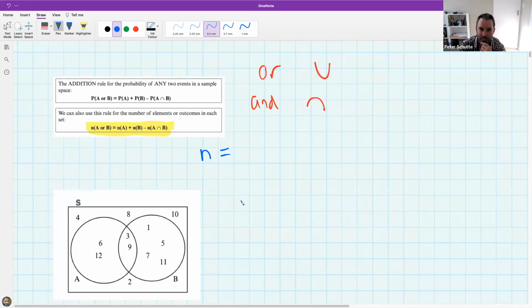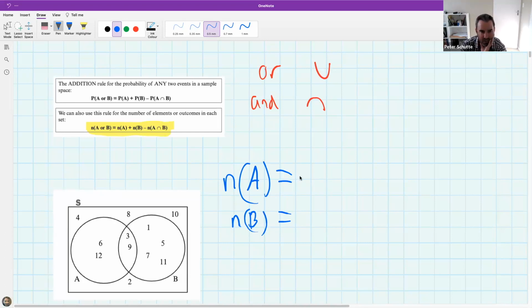Number, yes. The N stands for number. So if I said to you, looking at this Venn diagram, which has different events in it, what is the N of A? Could you tell me what the N of B is?